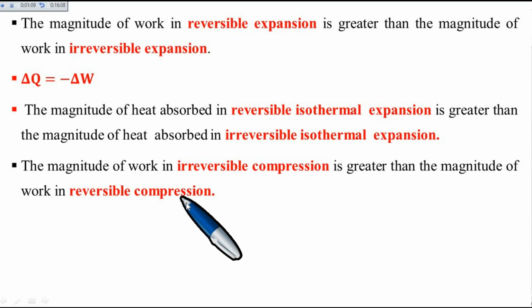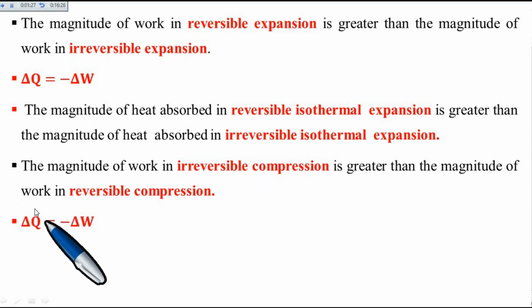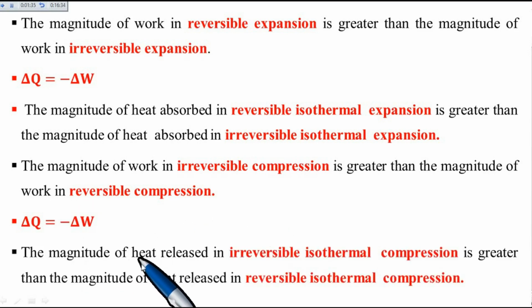We have also seen this scenario when we were discussing reversible and irreversible processes. So we can say again, because in an isothermal process the magnitude of Q is equal to the magnitude of work, that the magnitude of heat released in irreversible isothermal compression is greater than the magnitude of heat released in reversible isothermal compression.